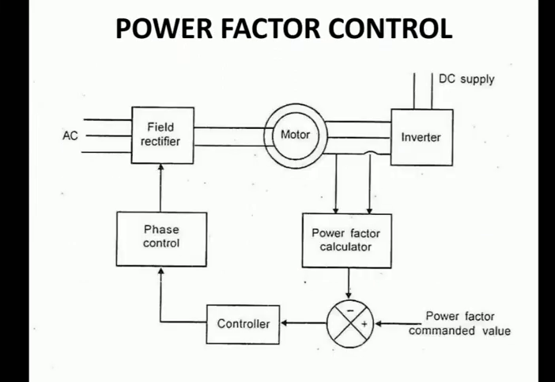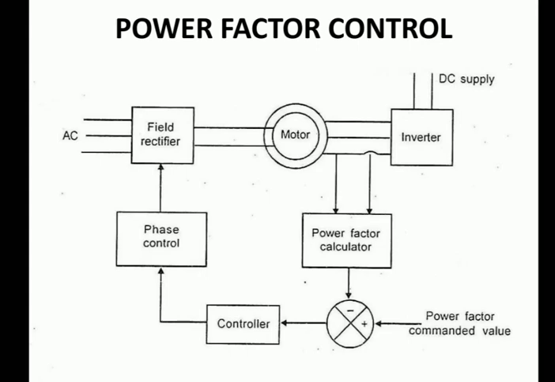The next method is the power factor control method in synchronous motor drive. In the block diagram, the motor stator side is supplied by the inverter and the motor's rotor side is fed by the field rectifier, and a power factor calculator is used.